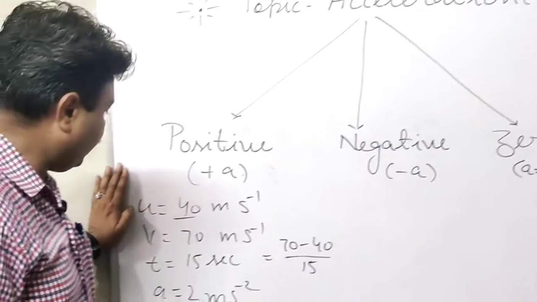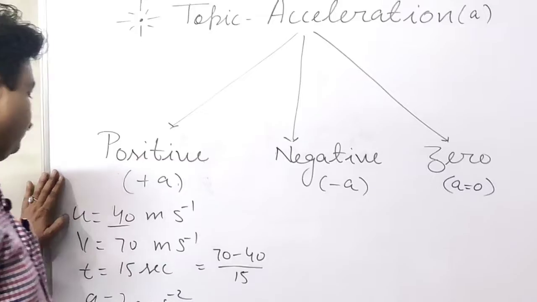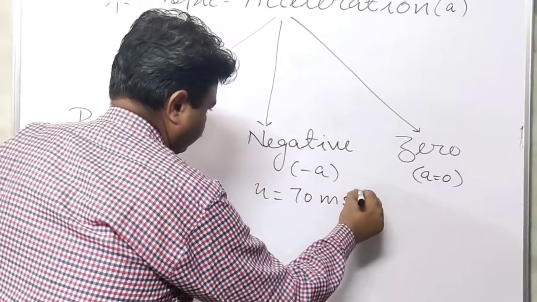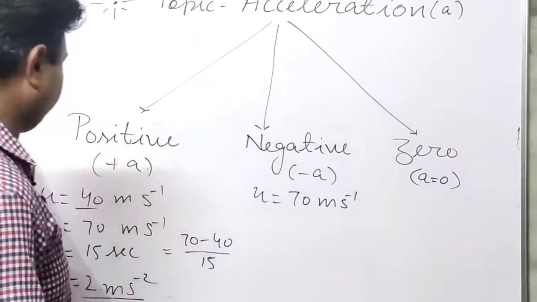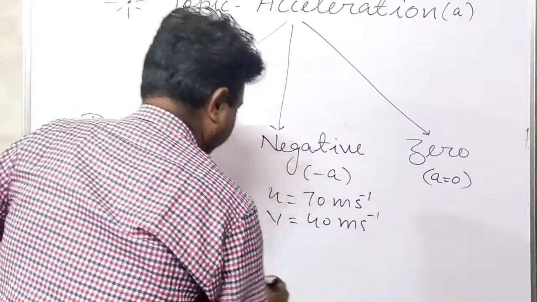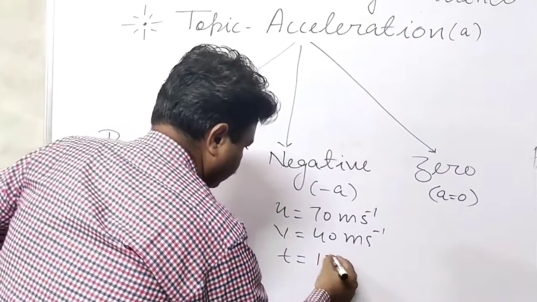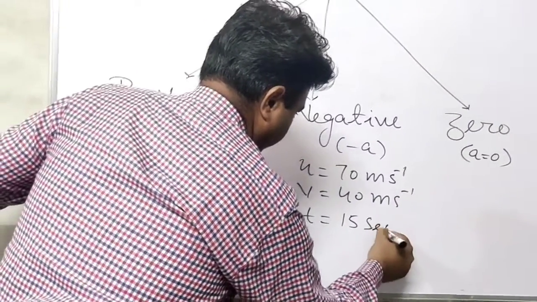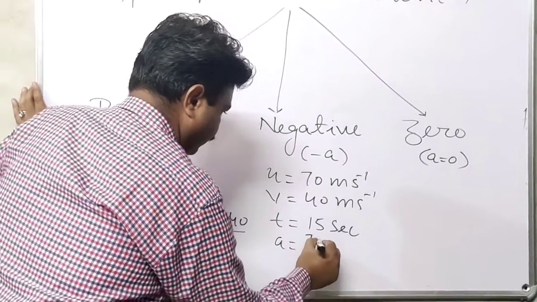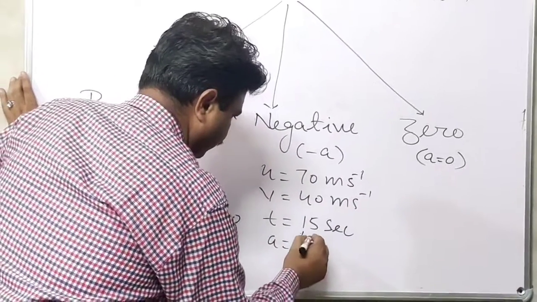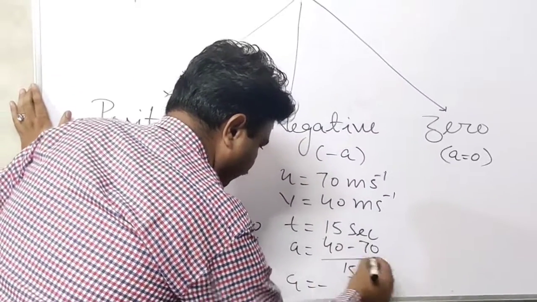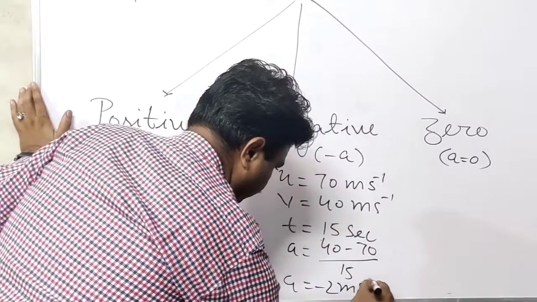If the initial velocity, student, is 70 meter per second, the final is 40 meter per second, and the time is 15 seconds, then the acceleration will be 40 minus 70 upon 15, which is minus 2 meter per second square.